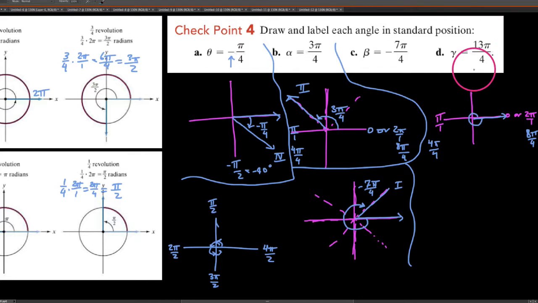But we would have to go to 13 pi fourths, which is 5 more pi fourths: 9 pi fourths, 10 pi fourths, 11 pi fourths, 12 pi fourths, 13 pi fourths. So to go at an angle over 360 degrees or over 2 pi would just look like this. We have this little curly Q. We would label this as having 13 45-degree angle rotations, or 13 fourth pi rotations.